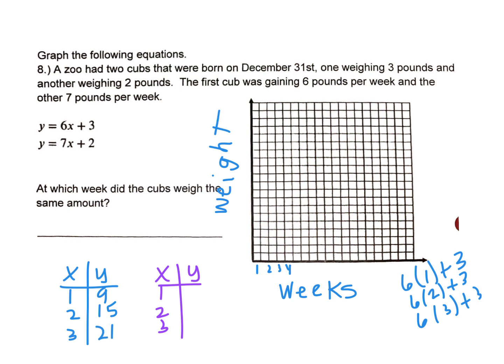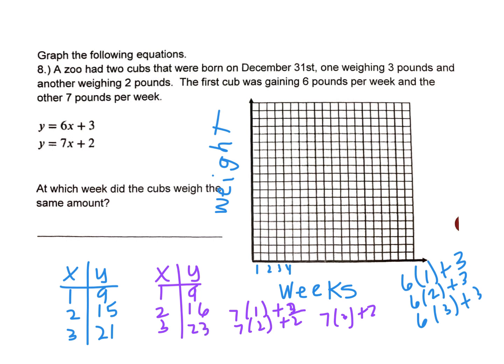And then I'm going to go over here and do the other equation. 7 times 1 week plus 2, sorry, plus 2. That's 7, 8, 9. Ooh, that's a common point. 7 times 2 weeks plus 2, that's 14, 15, 16. And 7 times 3 weeks plus 2, that's 21, 22, 23.